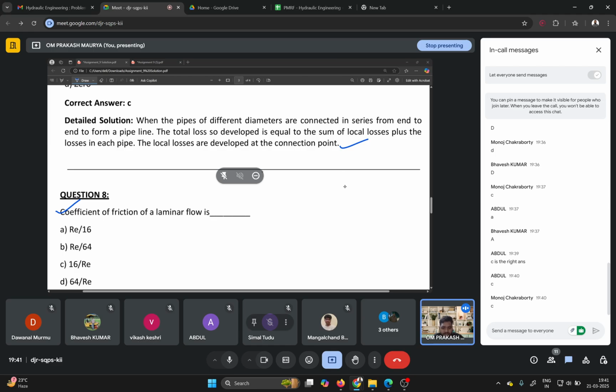Other students please try to write your answer. Please everyone try to write your answer for question number 8.